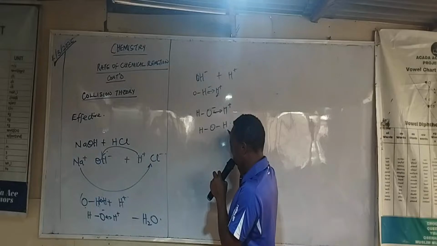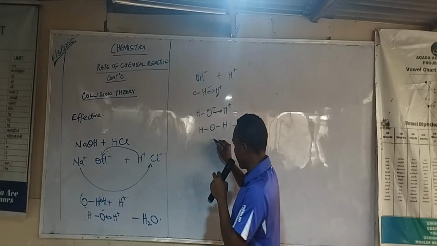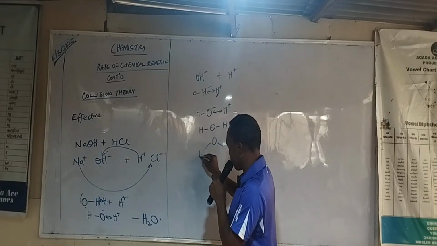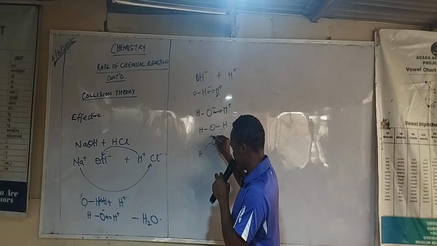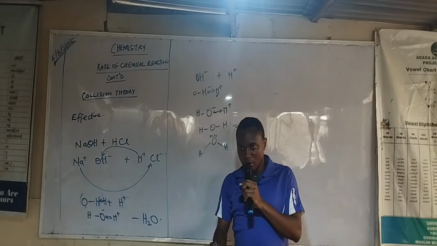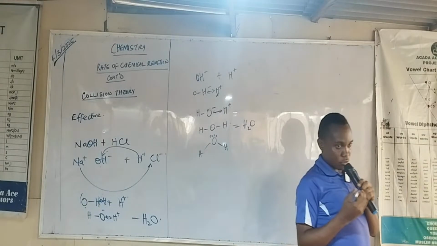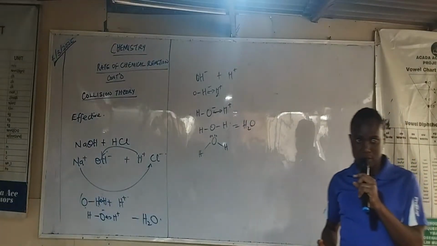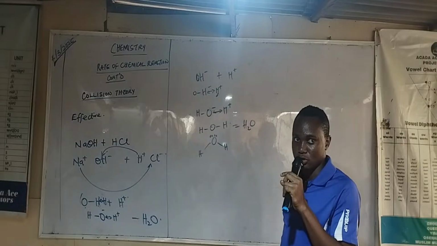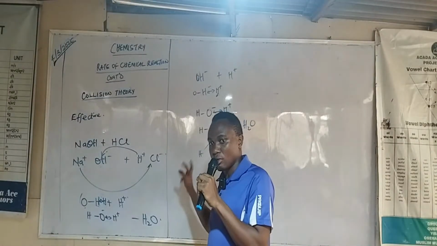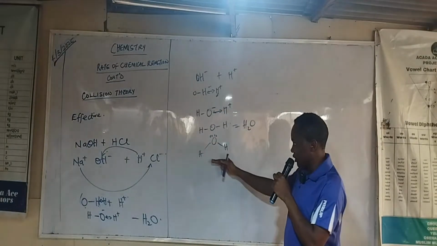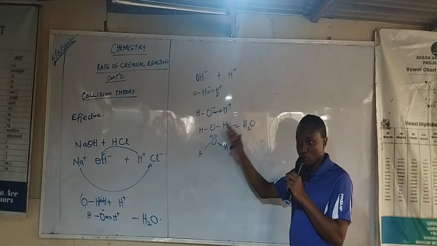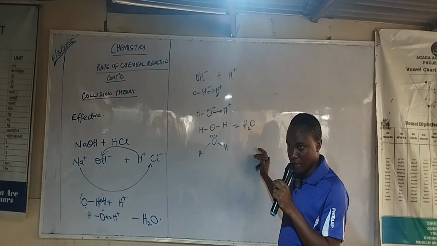Although this bond is not linear, forgive that. This particular bond is going to form this way as a result of the unshared pair of electrons, or lone pairs of electrons, in the outermost shell of the central atom, oxygen. That is what we regard as effective collision.